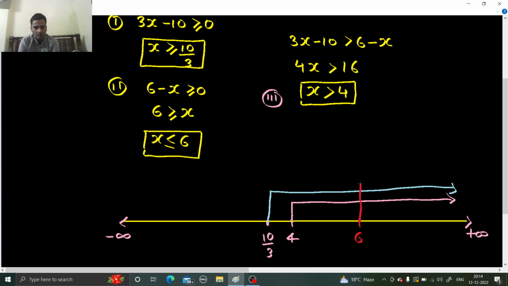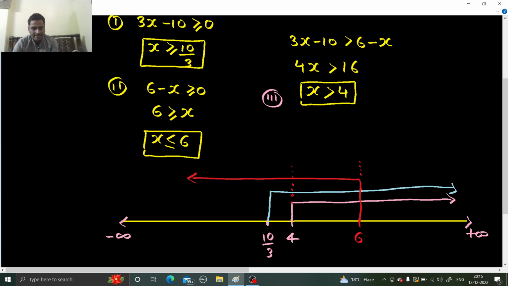Now we'll have to take the common region, and I think the common region is this. If you look at this region, this is the common region, because in this region all three of them are happy: it is greater than 4, less than 6, and greater than 10 by 3 also.